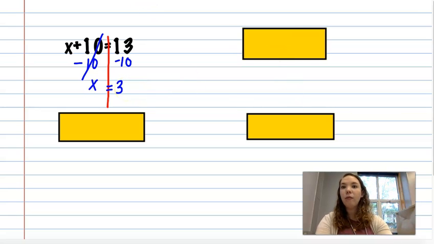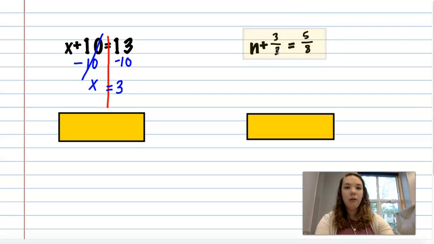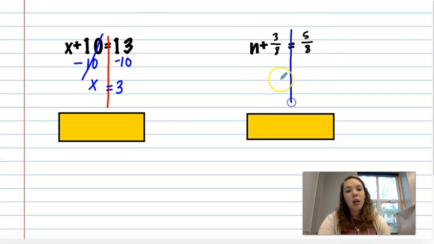So here, next example, n plus 3/8 equals 5/8. So I have to do the opposite and subtract 3/8 from both sides. Now, you can use your calculator, but this is a pretty simple fraction problem. 5/8 minus 3/8 is 2/8, which is the same as 1/4.